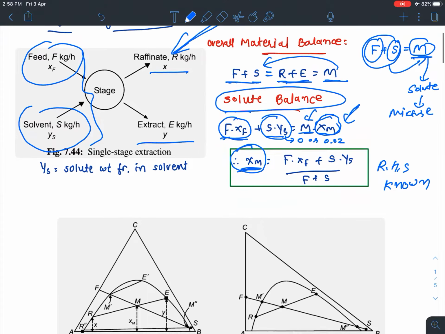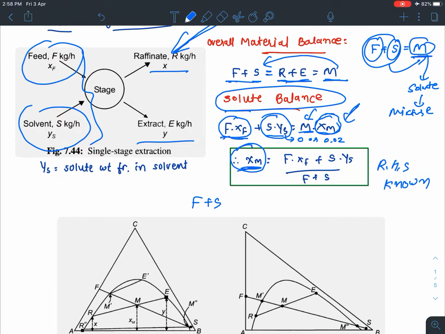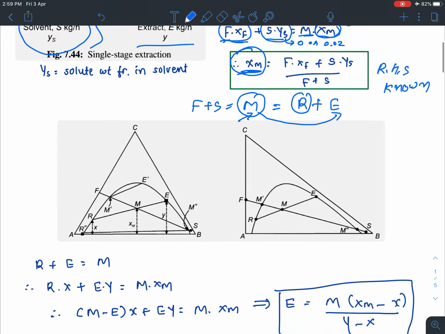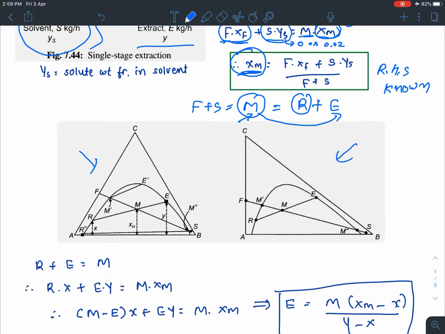Now, what is the application of the XM and M point? Here you can see that F plus S equals M, but we can take this M as a reference for R plus E. If we know the R point, and we know the M point, we can directly find E. That is one application. Another application is that we can use it in the equilateral triangle or the right angle triangle.